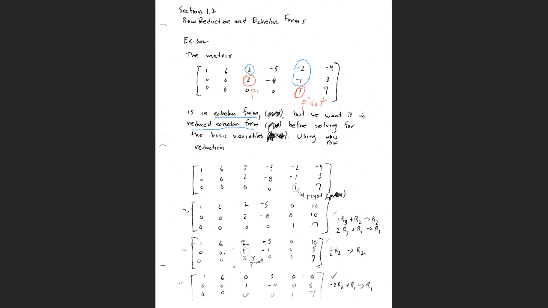So the leading non-zero numbers are pivots, and we use pivots to produce zeros in the remainder of the column. When we do that, we'll get the matrix in reduced echelon form.